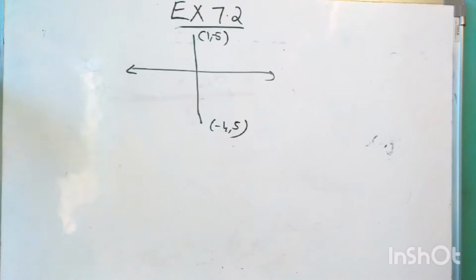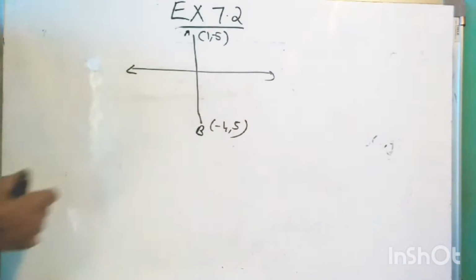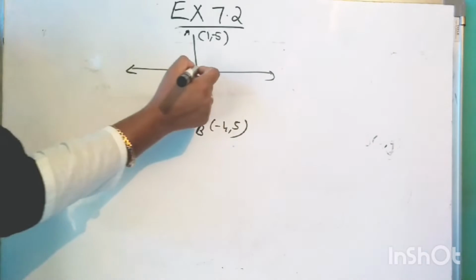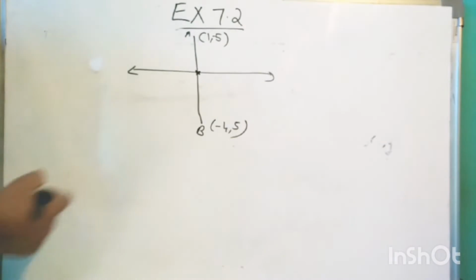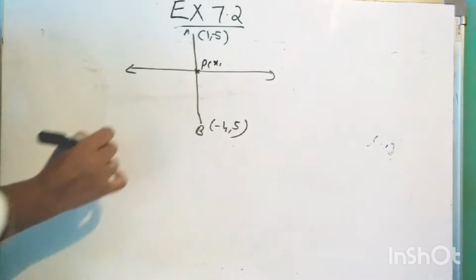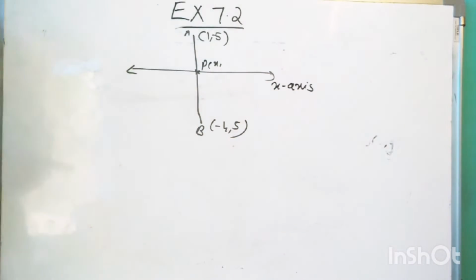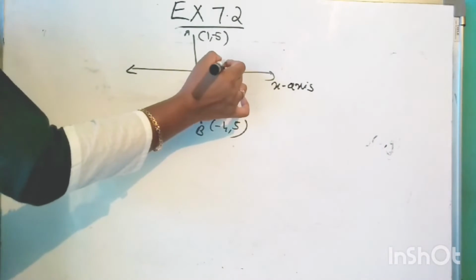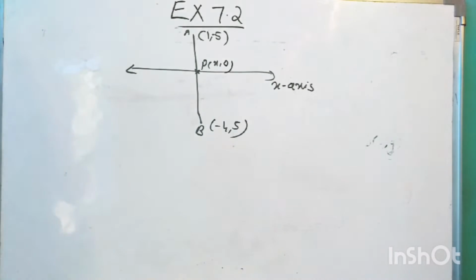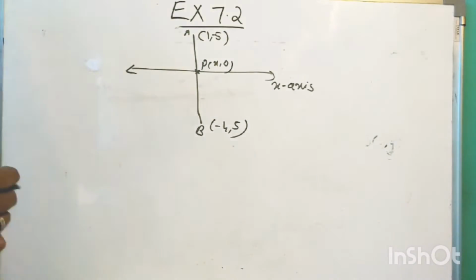These are our points A and B, and this line passes through the x-axis. This is our point of division, P(x, 0). Since this point lies on the x-axis, the y coordinate is 0. This is very important for this problem.